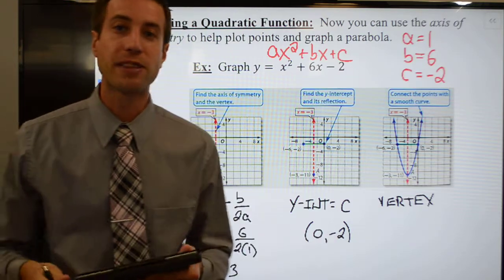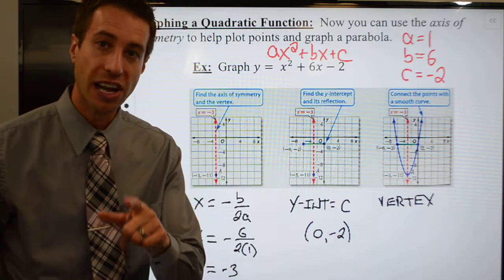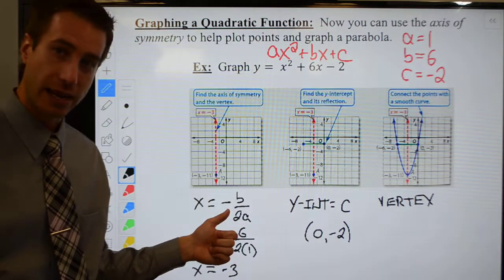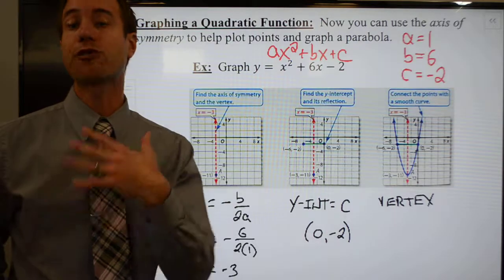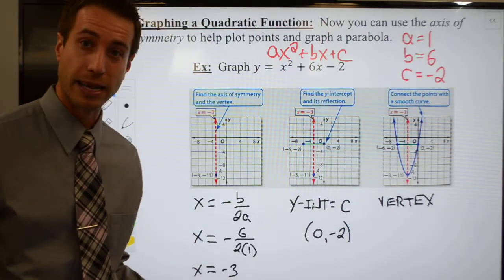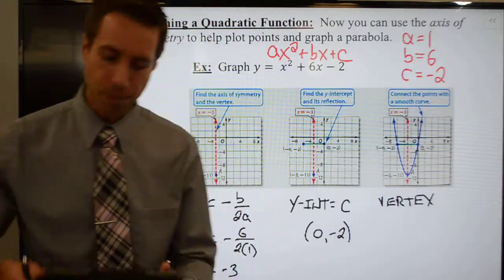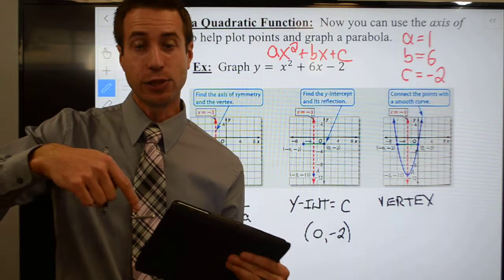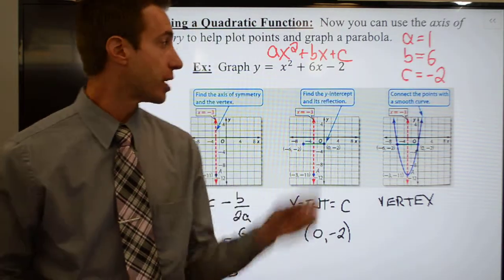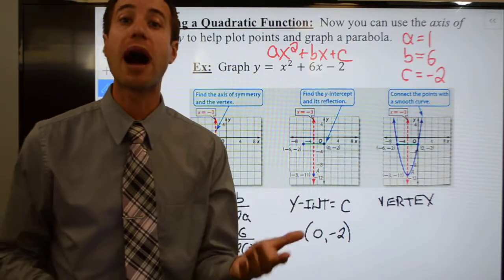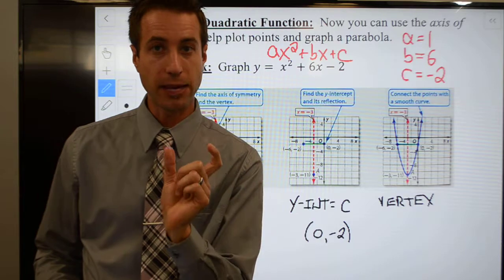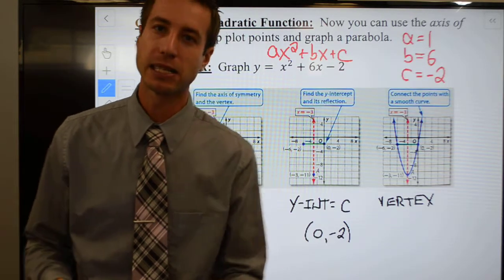In order to find the vertex, you're going to plug the x value from your axis of symmetry, the negative b over 2a, which for us in this example problem was a minus 3. But in any problem, you're going to plug that value of x into the original function to get out your y value, right? I'm going to plug in an x to get out a y. It's going to give me an ordered pair that represents my vertex.